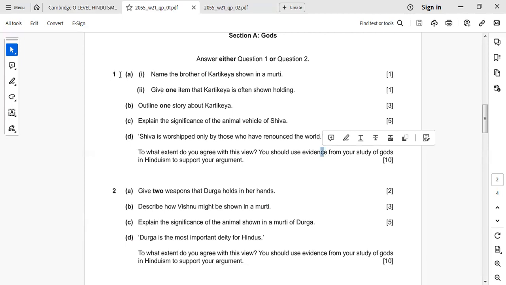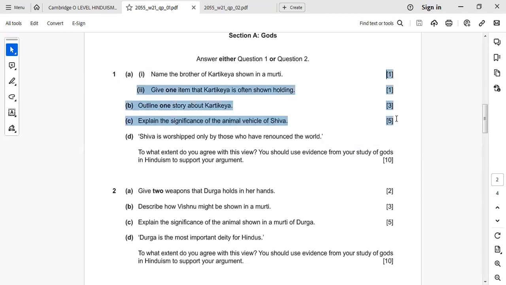You will see one question always has A, B, C, D. Question 2 also has A, B, C, D. You have to attempt all of them. Let's say I'm going to choose question 1, so I attempt all of them. The marks are given here. You should make sure that for these marks, 1, 1, 3, 5, you get total marks.